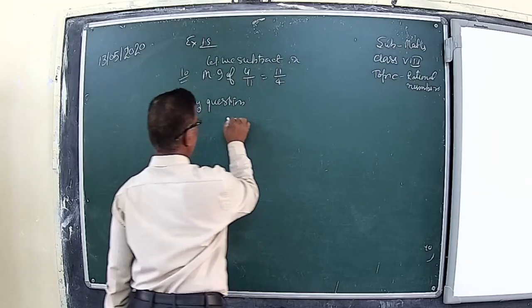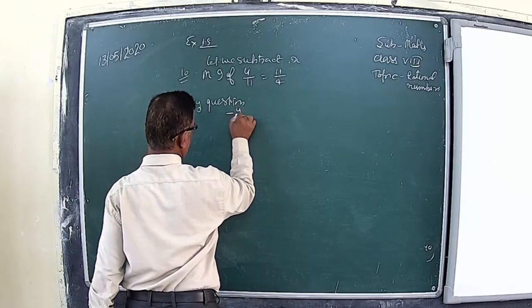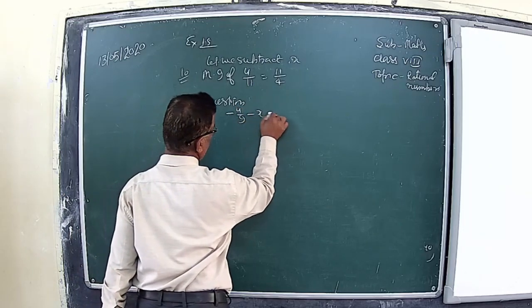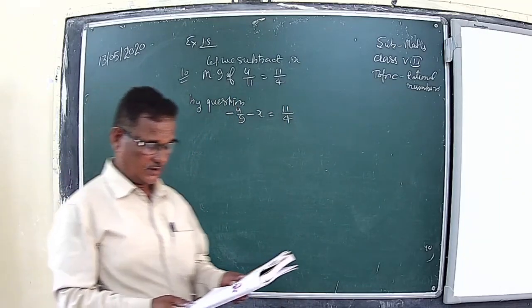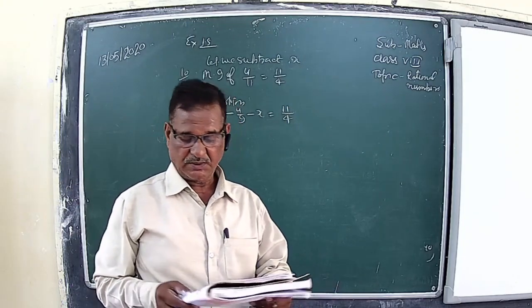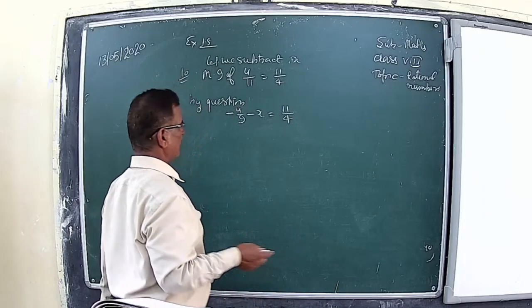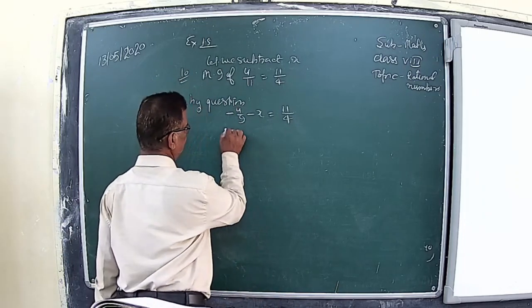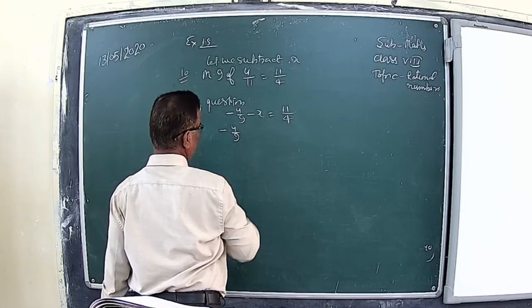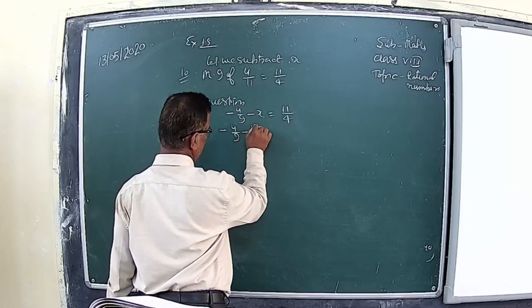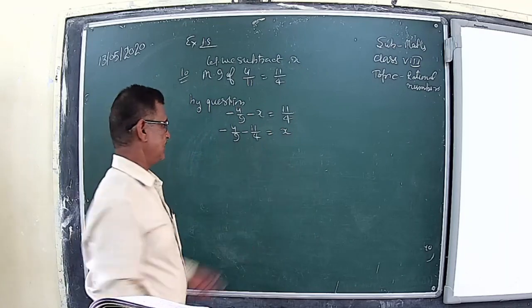Then by the question, minus 4 by 9 minus x is equal to 11 by 4, which is the multiplicative inverse of 4 by 11. So solve this: transpose to the left side, minus 4 by 9 minus 11 by 4 is equal to x. This way you find the value of x.